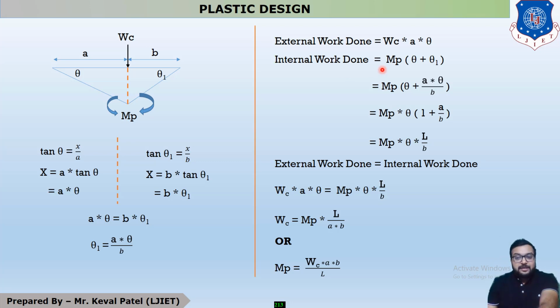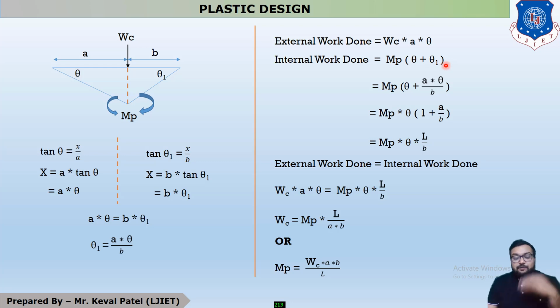So internal work done is equal to mp into, what is this? At this point the total angle is the summation of theta plus theta 1. So your internal work done is mp into theta plus theta 1.